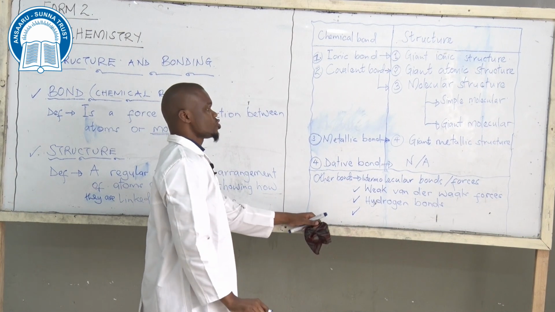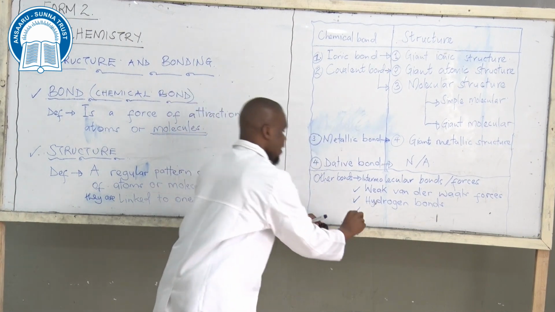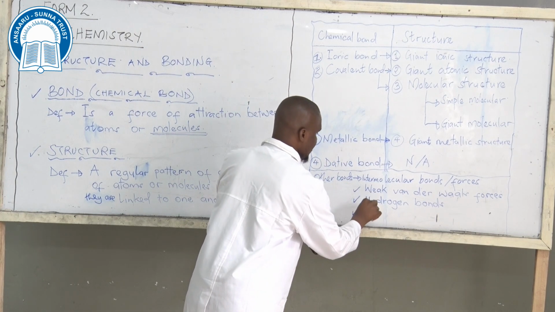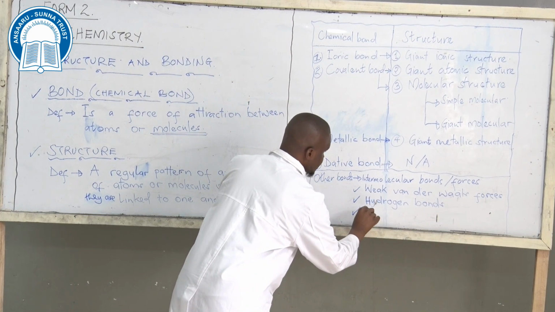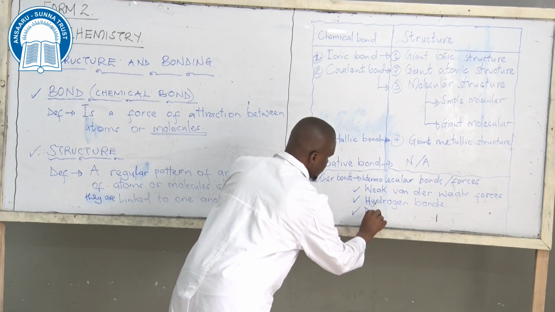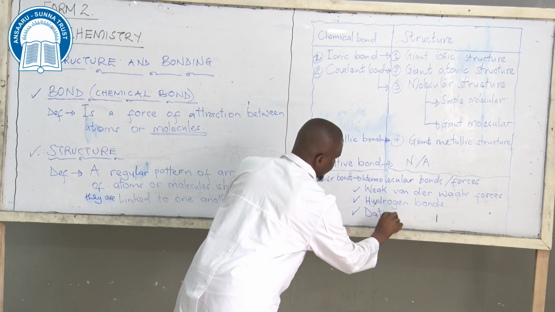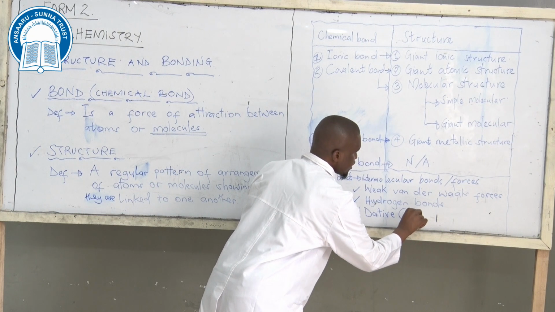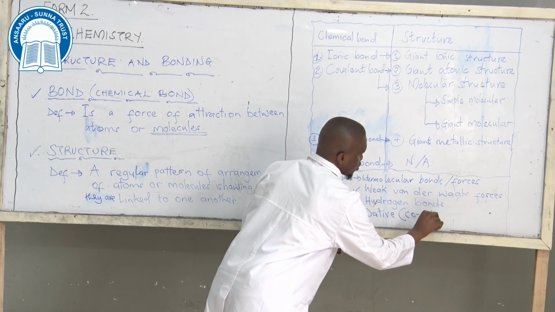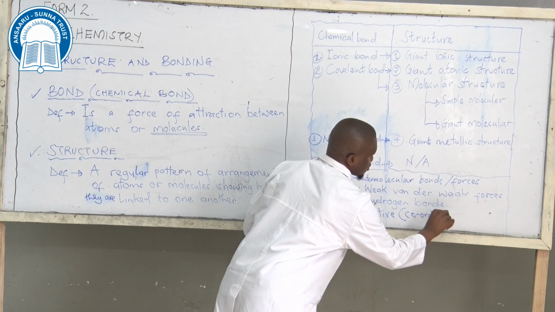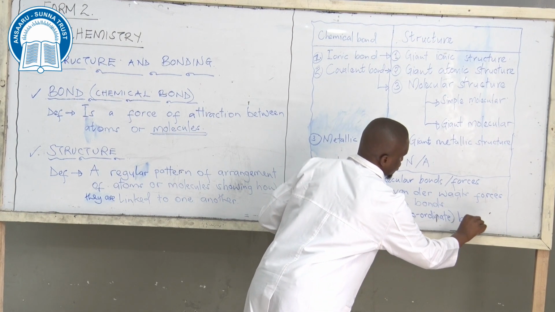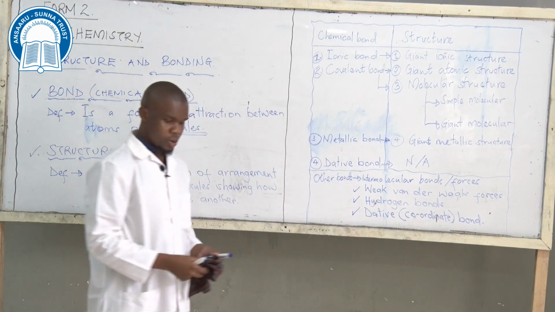Then we have one special one which I've already mentioned up there. In a compound where it is serving as an intermolecular force, and that is dative bond, sometimes referred to as coordinate bond.